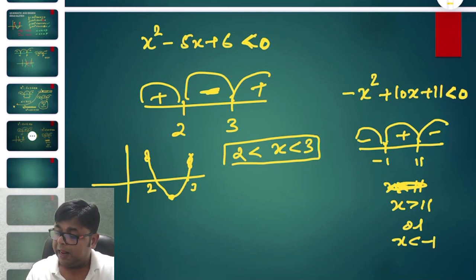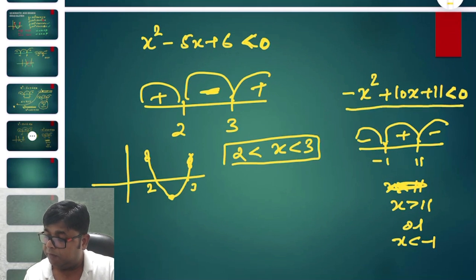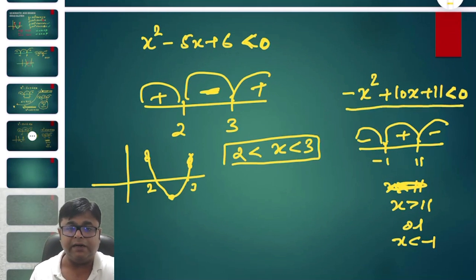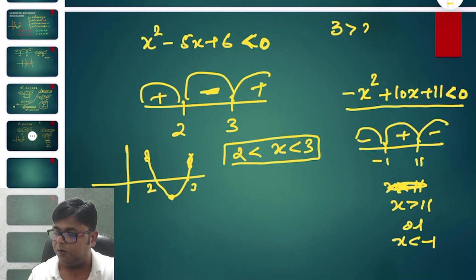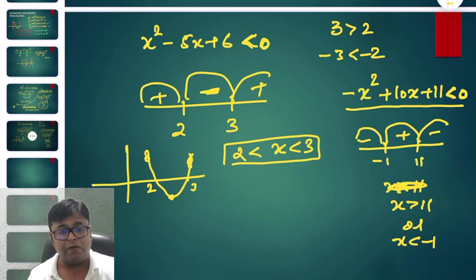But rather than remembering two different rules, I would advise to understand it through the rule of inequality. The rule of inequality says if you multiply an inequality by a negative number or divide an inequality by a negative number, the sign of inequality changes. Why? For a simple reason, if 3 is greater than 2, then minus 3 is less than minus 2. So on multiplying an inequality by a negative number, the sign of inequality changes.